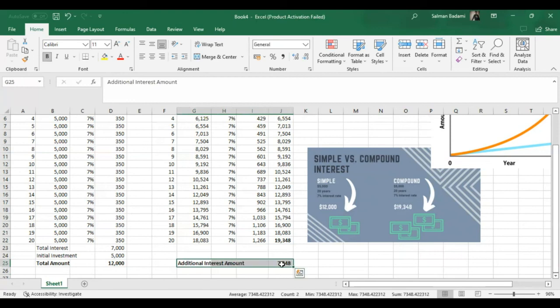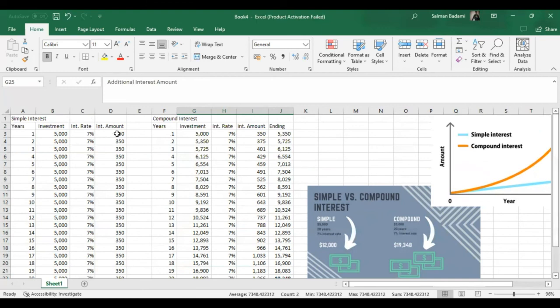So our compound interest answer will always be greater than simple interest. To sum up, in simple interest, we get interest on our initial investment, so the interest amount is the same every year. But conversely, in compound interest, we get interest on our last year's balance, and that balance includes the previous year's interest component as well.